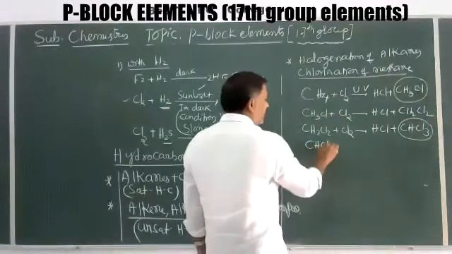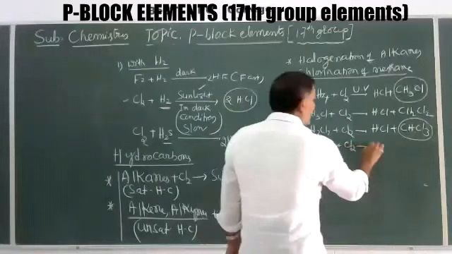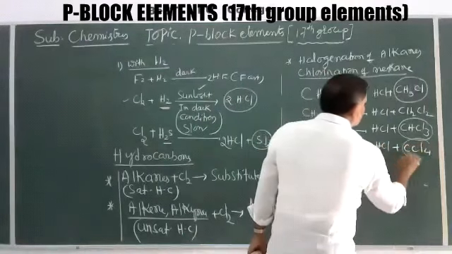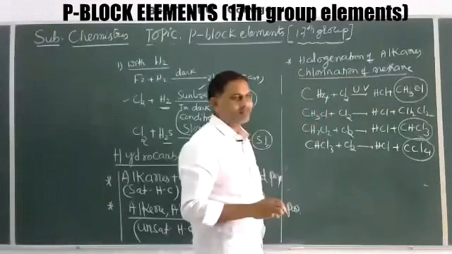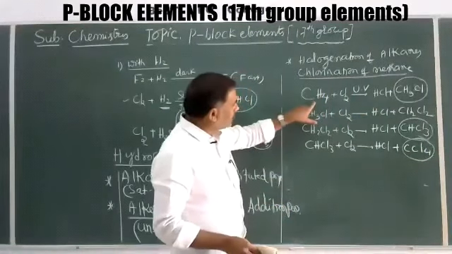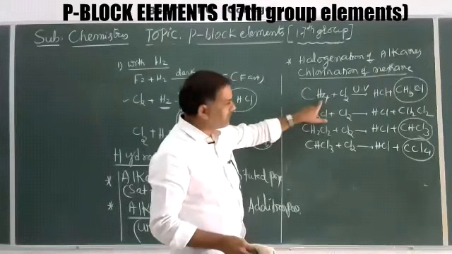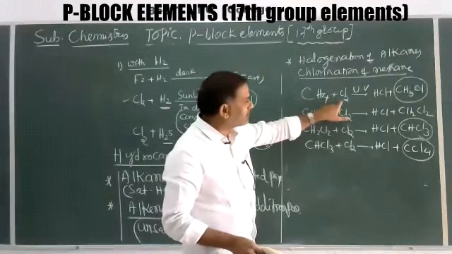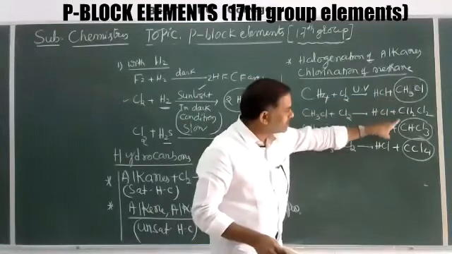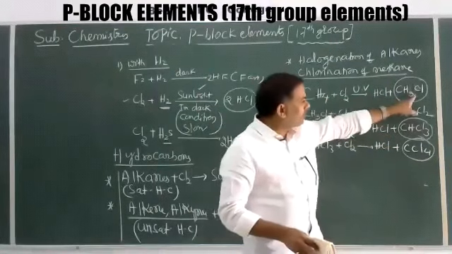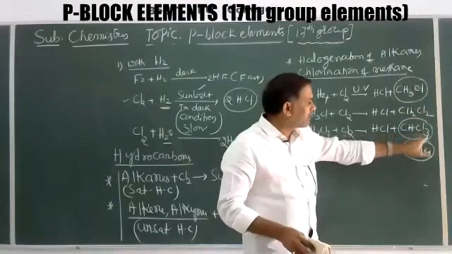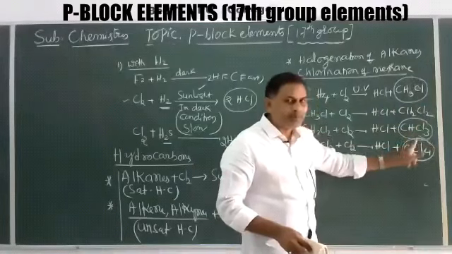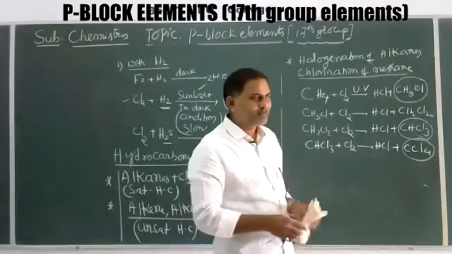Now CHCl3 again reacts with Cl2 and gives CCl4, carbon tetrachloride. So the hydrocarbon methane contains 4 hydrogen atoms, and these 4 hydrogen atoms are replaced by chlorine atoms. It gives the corresponding substituted products: monochloro, dichloro, trichloro, tetrachloro hydrocarbons.